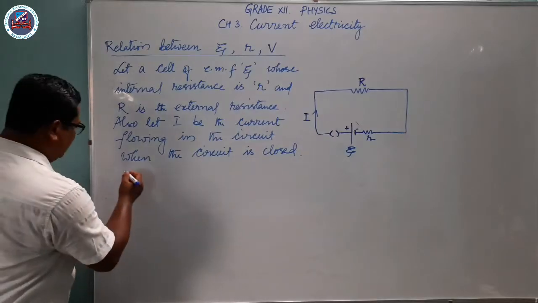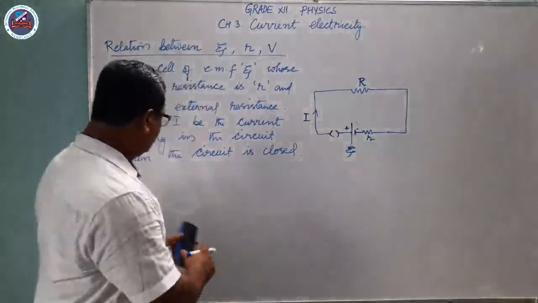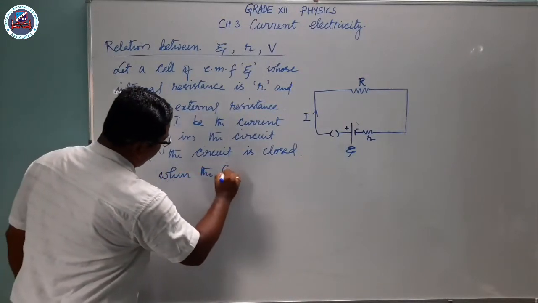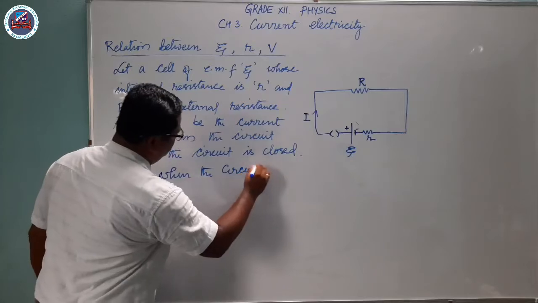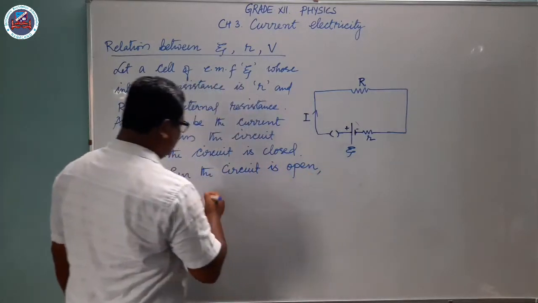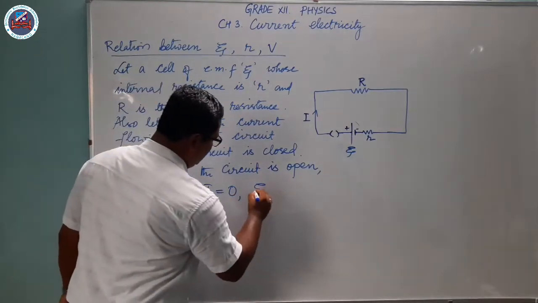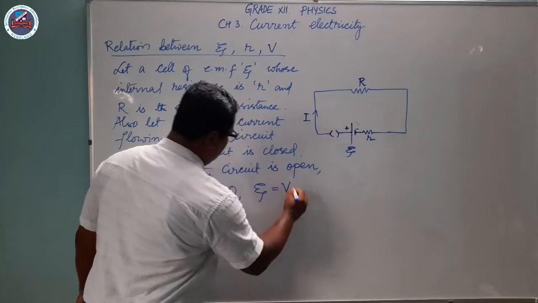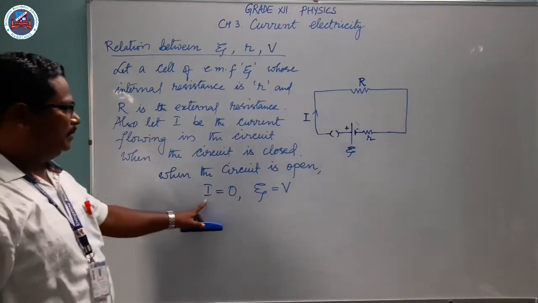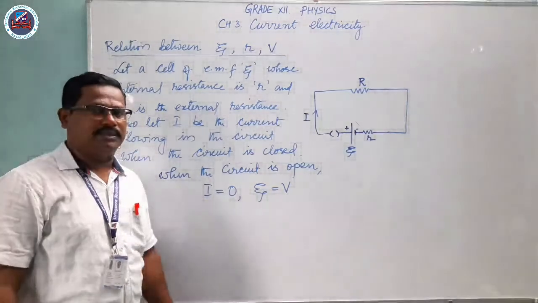In the initial stage, when the circuit is open, as I said earlier, that means when there is no current flowing in the circuit, I is equal to 0 and your EMF is equal to the terminal potential difference. So I will be equal to 0 and EMF will be equal to the potential difference.